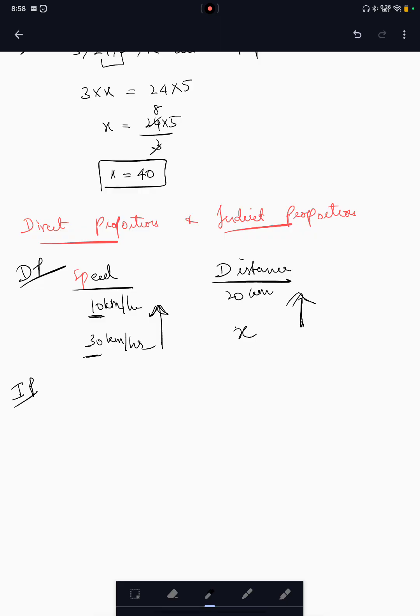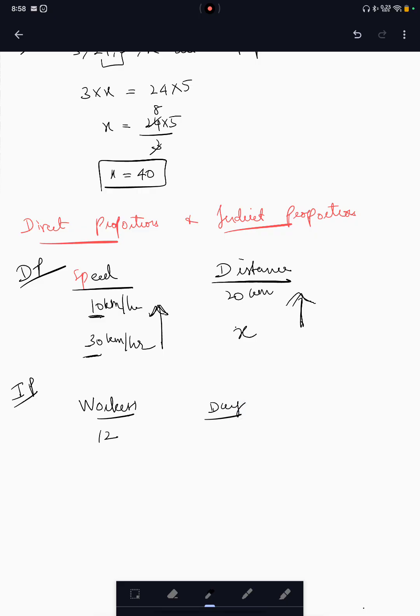Alright, now I will tell you another example. 12 workers are there, doing some construction work, whatever it is, some highway work or drainage work. For 12 workers, it takes 4 days to complete the work.